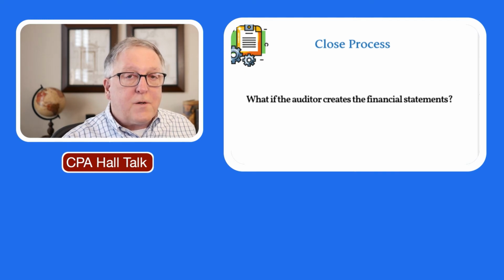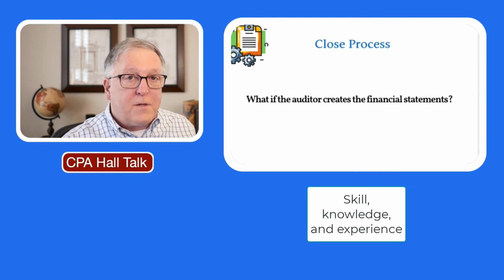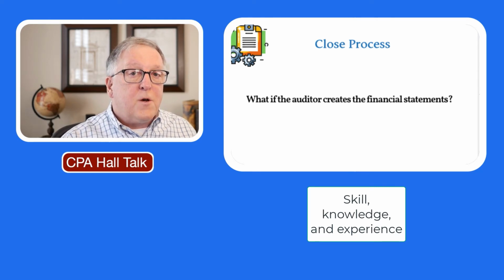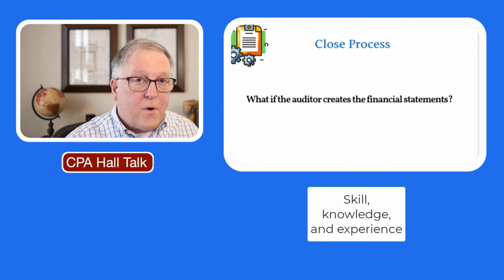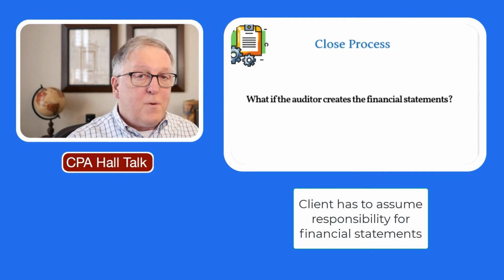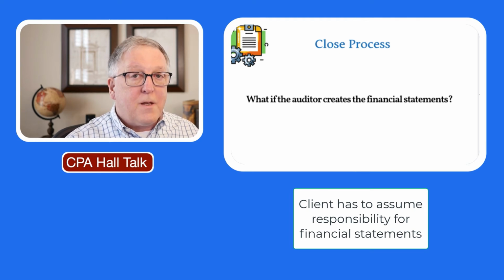So you want to make sure the client has sufficient skill, knowledge, and experience, what we call SKI, to review the financial statements that you create and then assume responsibility for those. If they don't assume responsibility, again, we're not independent and we can't do the audit.